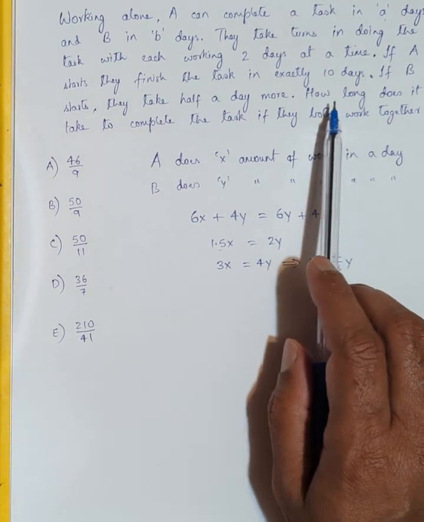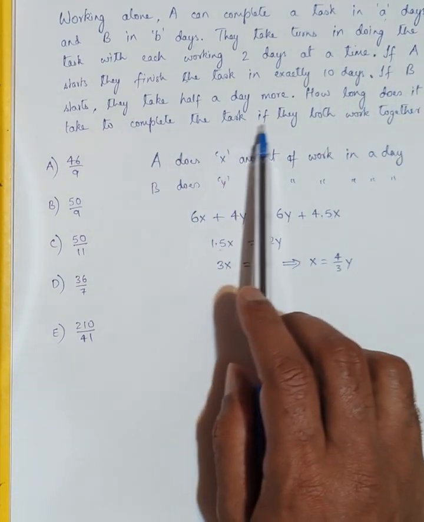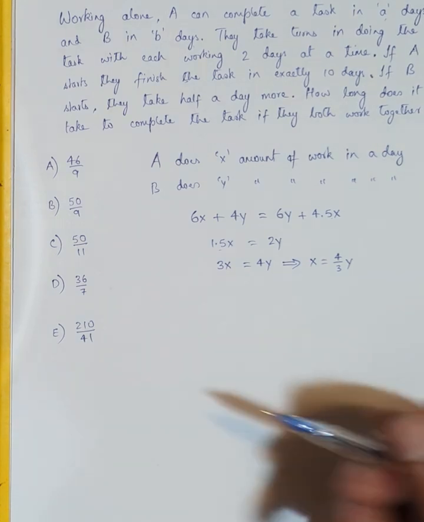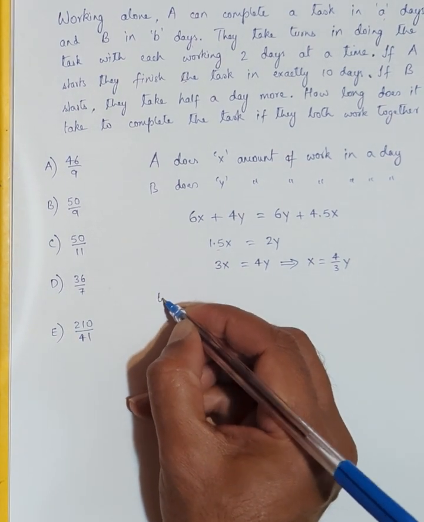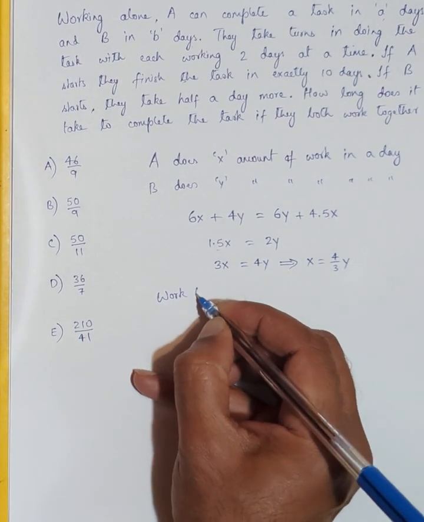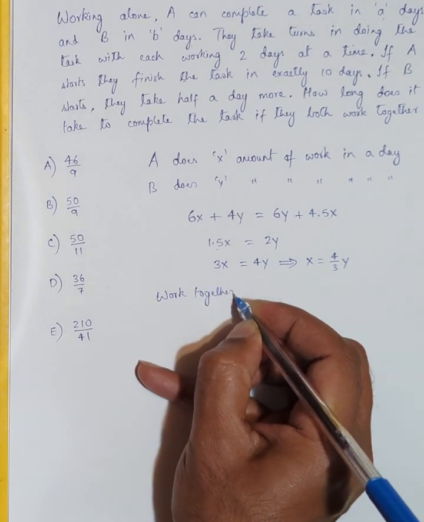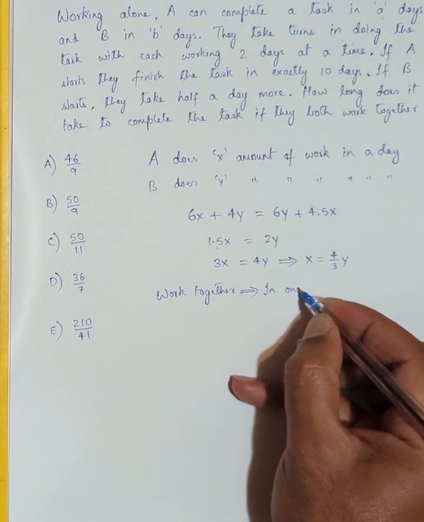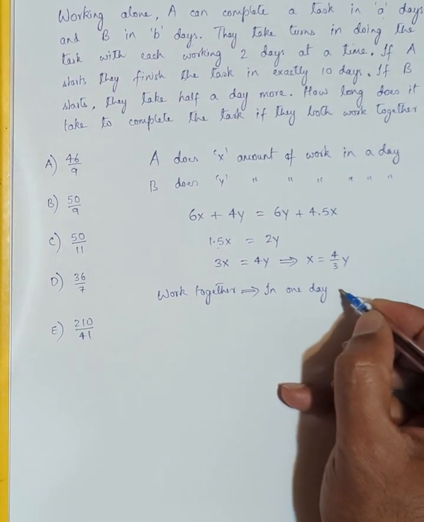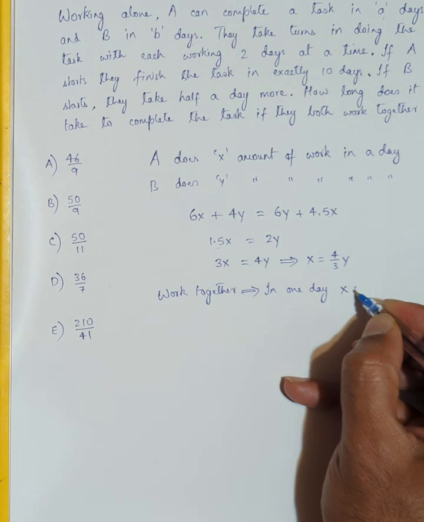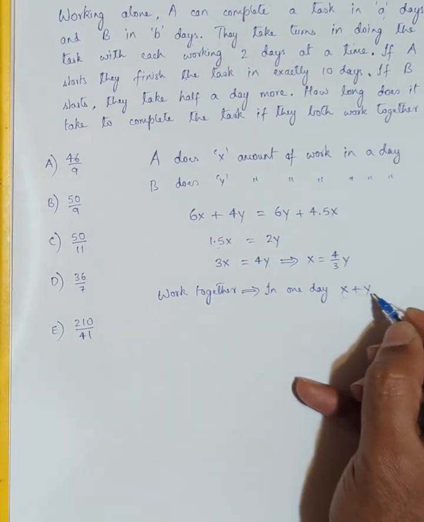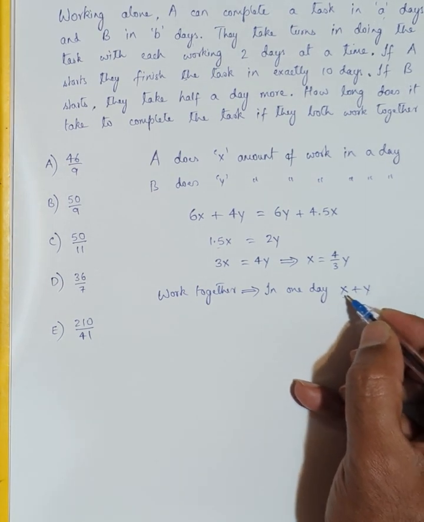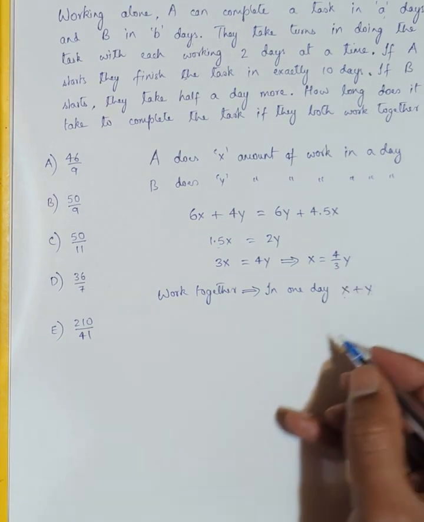Now, how long does it take to complete the task if they both work together? When they both work together, in one day, how much work are they going to accomplish? In one day, they are going to do x plus y, because A is going to work x and B is going to work y. But x is 4/3 of y.